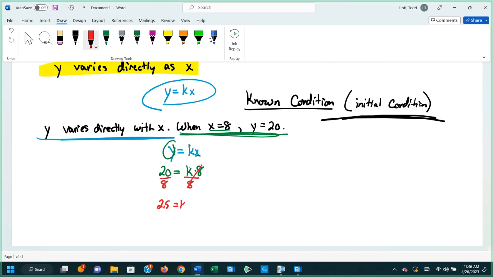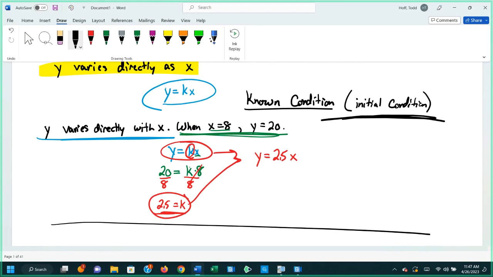Here the 8's cancel out, so we know that our constant equals 2.5. So this allows us to further define our relationship. Knowing that they were directly related gave us this form of the equation, but now we know that that constant k equals 2.5. So we can put those together to define that relationship further as y equals 2.5 times x.